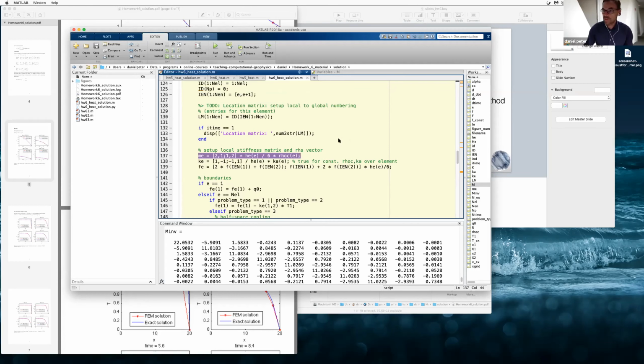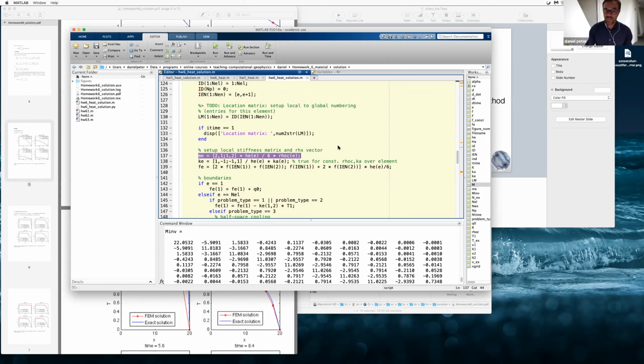So yes, that's something that you could take out and compute only once before you start the time loop. It doesn't change. Density and specific heat don't depend on time. So yes, there is something you could set up at the beginning to make it more efficient.